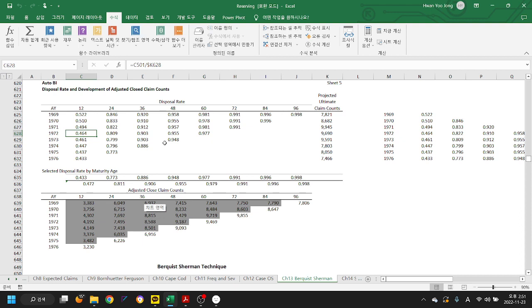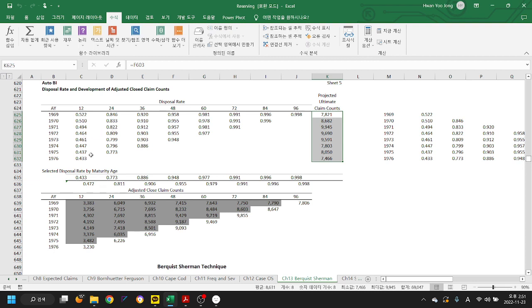And from the disposal rate, I can create the adjusted closed claim count. So just ignore all the historical closed claim counts. I just calculate again based on the estimate of ultimate claim counts, and I apply this disposal rate, right?